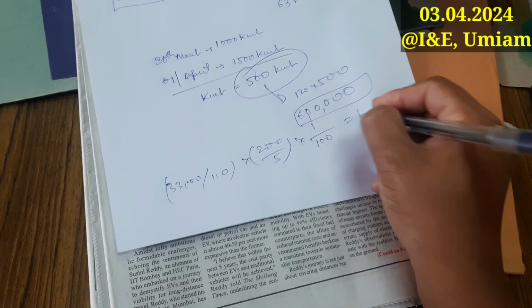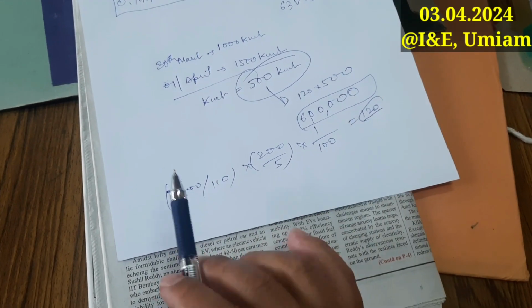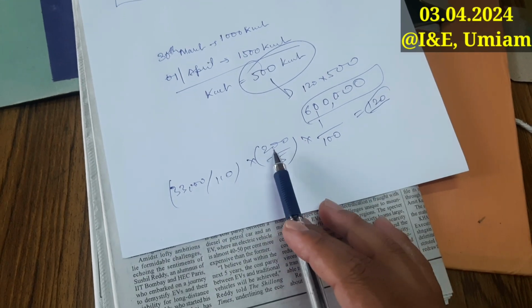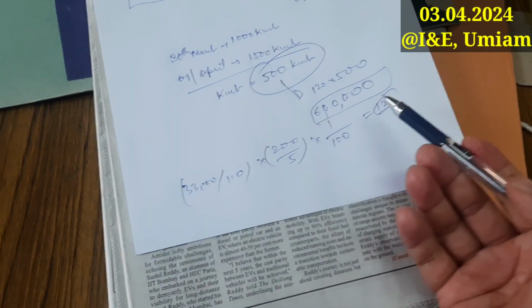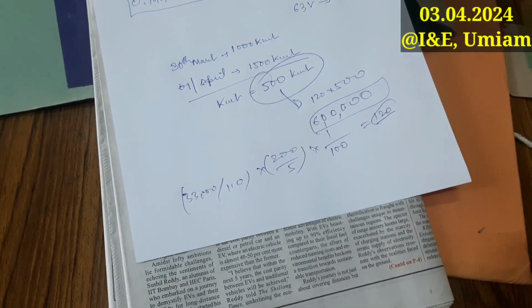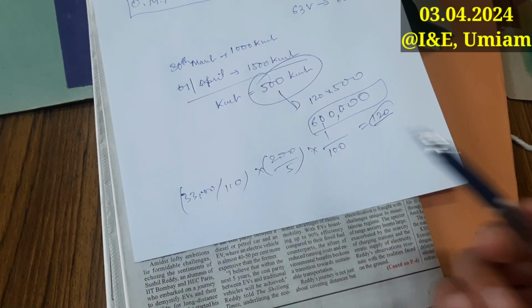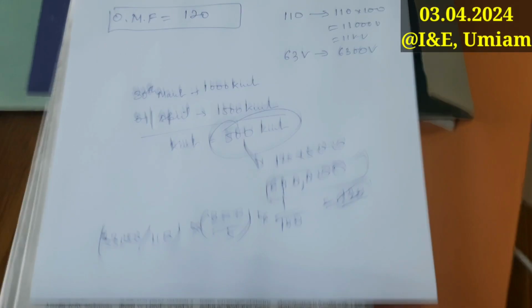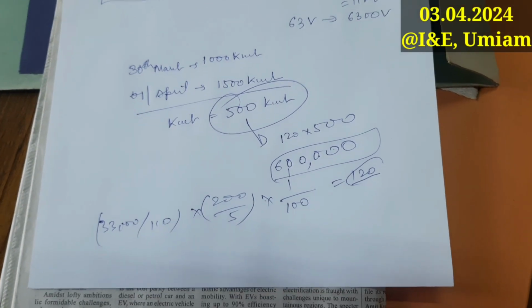You will get simply 120. You can do it for 11 kV also, depending on your CT ratio and what the current is. Accordingly the ratio will come, depending on the rating of the combined set and that of the meter. So this is a little bit about metering, for HT metering.